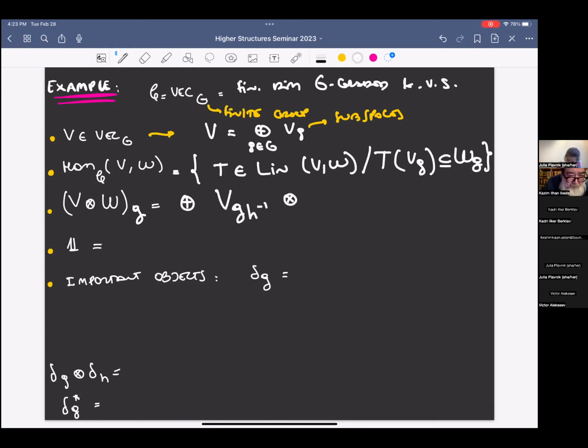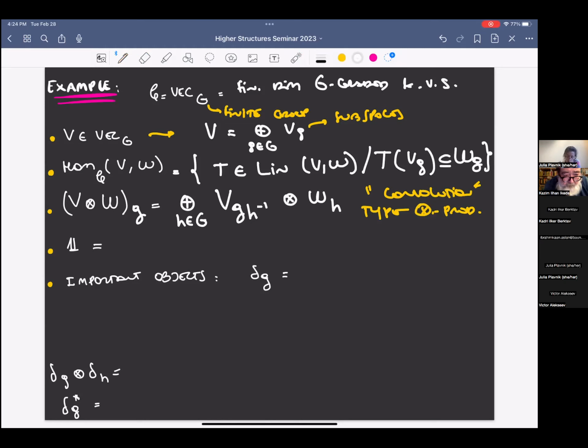We will tensor all the possible components in V and in W that when you multiply together the labels, give you G. And then we add that. So this is kind of a convolution. Sorry, my tensor product didn't look nice. Okay, so this is the formula.